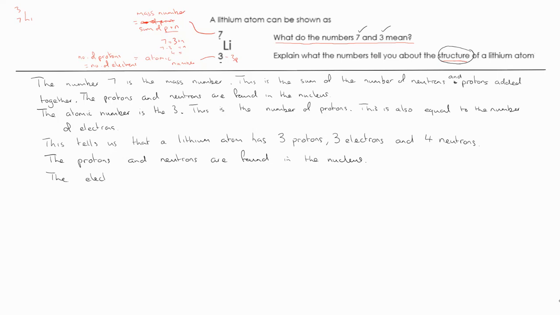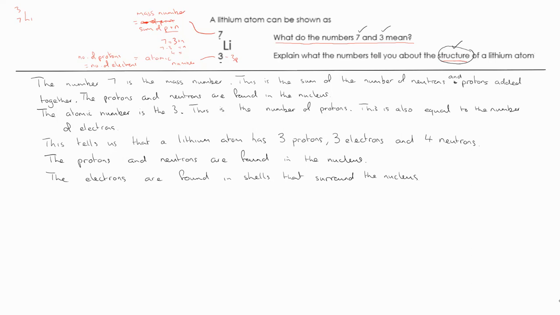The electrons are found in shells that surround. Okay, so now I've said what the numbers 7 and 3 mean, and I've described the structure of a lithium atom. So that's your 6 marks for this question.